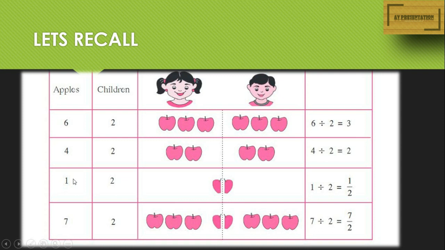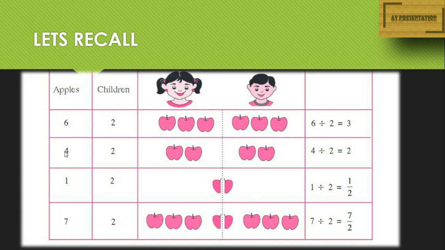Now in the third row there is 1 apple and 2 children. Then how can we divide this apple? Half and half. So a half part we can give to the girl and a half part to the boy. Meaning 1 apple divided by 2 is 1 upon 2.